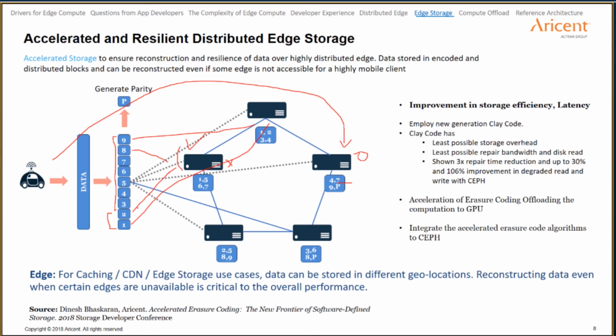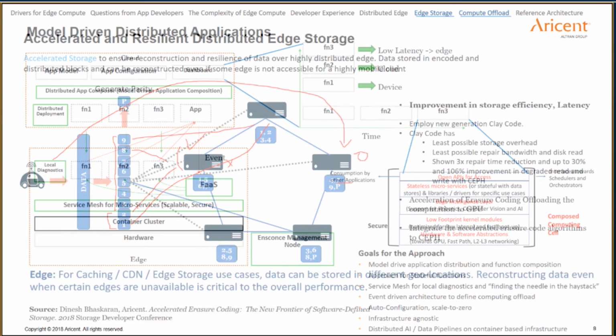These kinds of use cases are very rare, but they're still there. There are some developers who are looking for this kind of solution. This can actually be accelerated for low latency. We have recently demonstrated that parallelizing erasure codes, which is what this method is called, erasure coding, across multiple data centers and accelerating them through GPUs is a good idea.